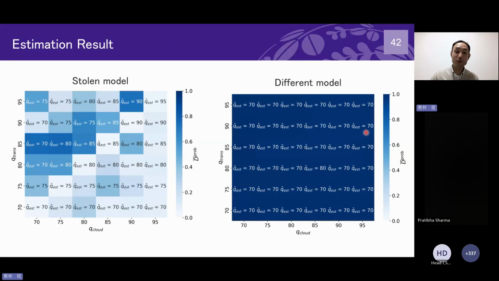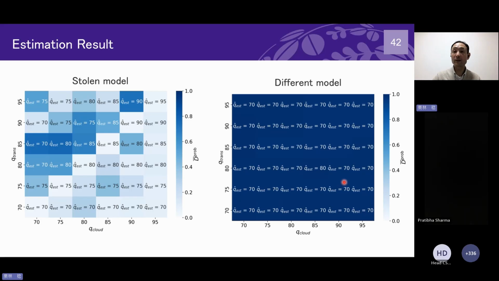As a result, if the cloud server's quality factor is 70 to 95, then the probability can be controlled. So that means the adversarial example's probability can be controlled by using the estimated quality factor.